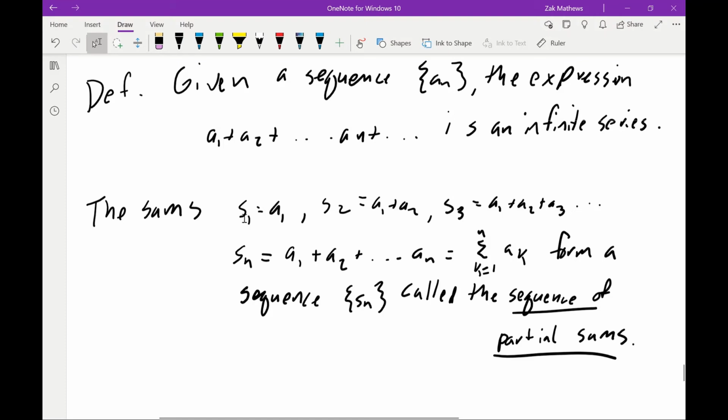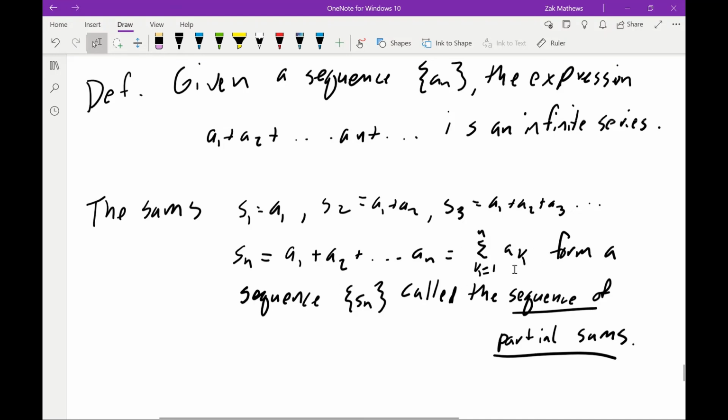And so the partial sum S1 is equal to A1, partial sum S2 is equal to A1 plus A2, partial sum S3 is equal to A1 plus A2 plus A3, and so forth, all the way till we get up to the nth partial sum, where we're adding those first n terms of the sequence. We can write that more concisely using summation notation. We're going to use this summation notation for these series because that's a very concise way of writing them. We can write the summation from k equals 1 to n of ak. They form a sequence of partial sums.